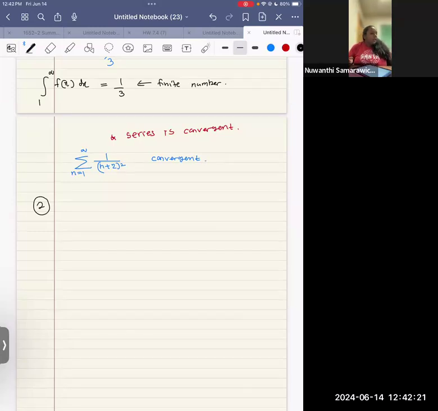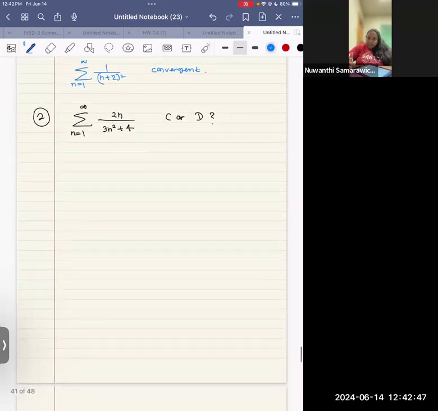What about this? Can you try to do this one? Now we need to check whether this integral is convergent or not. First step is we are going to write the corresponding function.